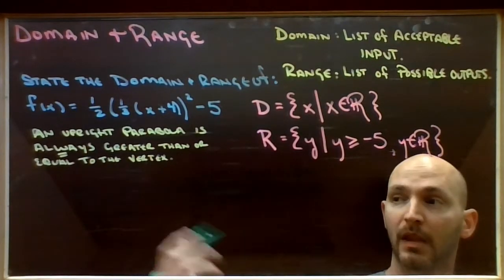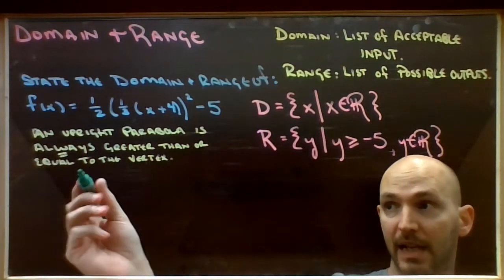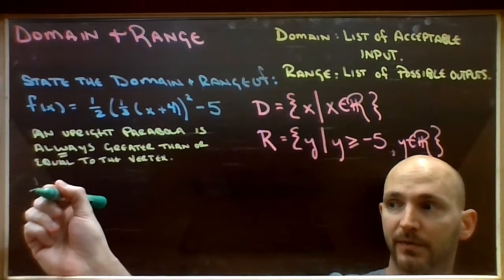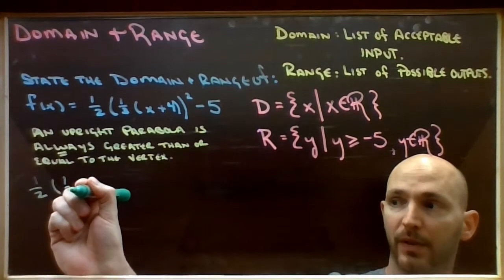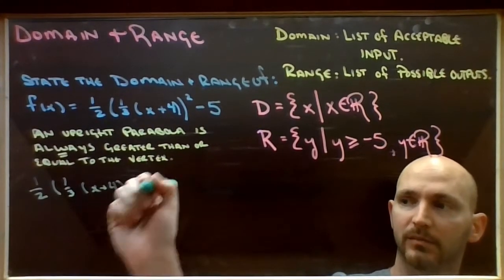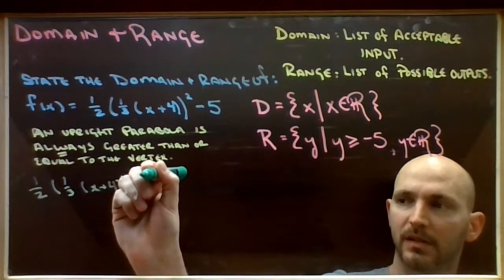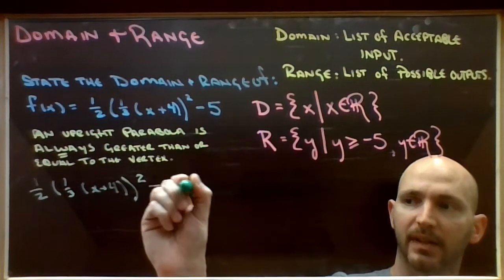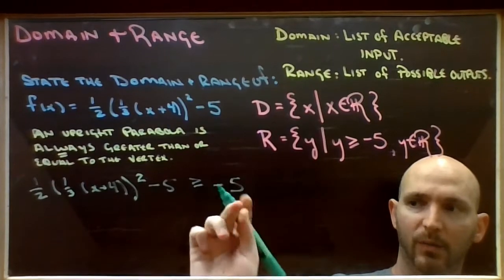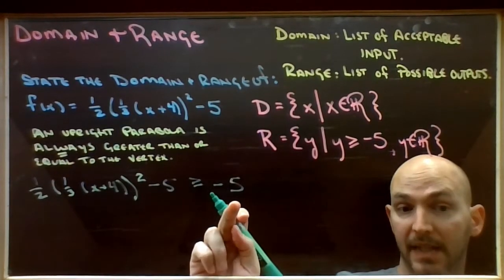Okay. So if I write that statement down, then 1/2 of (1/3 x plus 4) squared minus 5 always has to be greater than or equal to wherever the vertex was. So I can write that down.